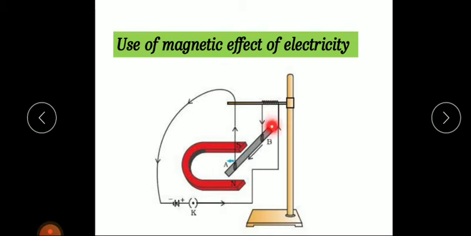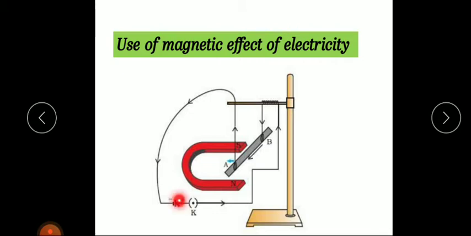So whenever this copper wire is placed in between a magnetic field, what happens? It will experience an inward force, because the direction of the current is from B to A. That's why this copper wire will experience an inward force.